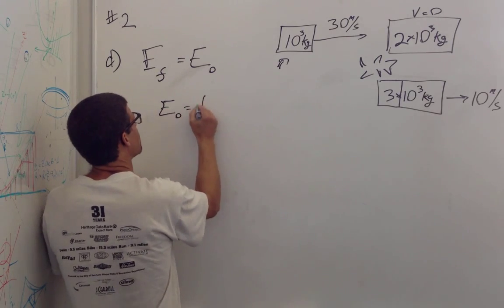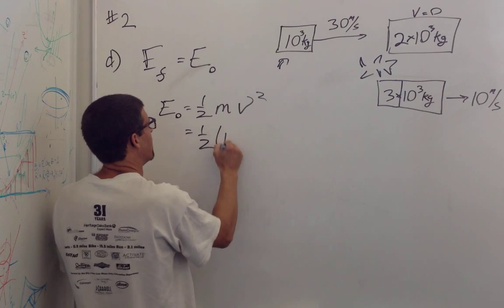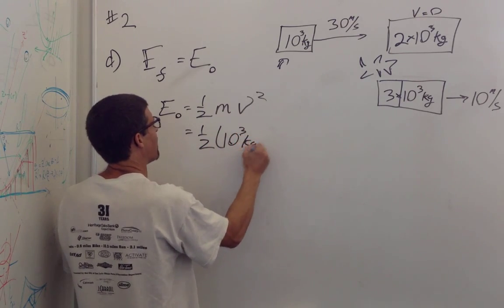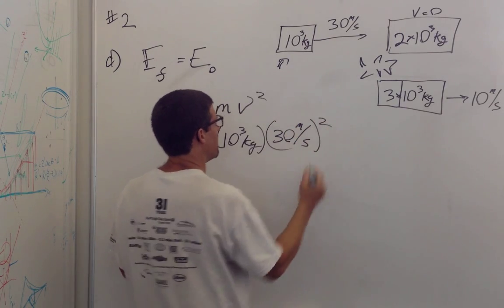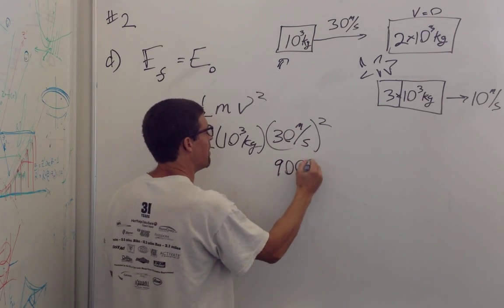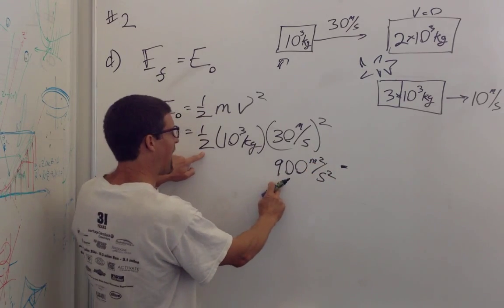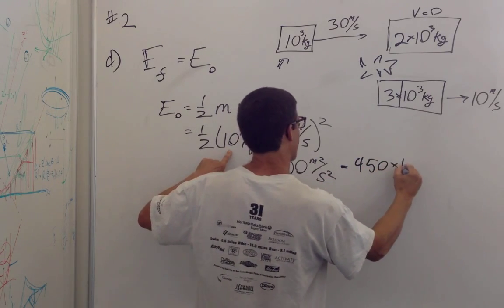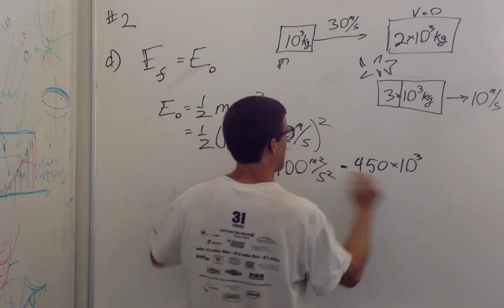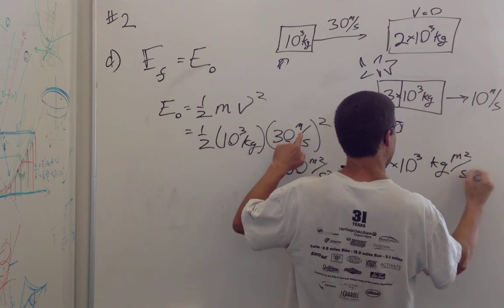Energy naught is equal to 1/2 mv squared, 10 to the third kilograms, times 30 meters per second, squared. That's 900 meters squared per second squared. 1/2 of that is 450, so that's 450 times 10 to the third kilogram meters squared per second squared.